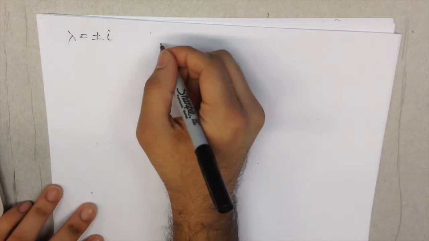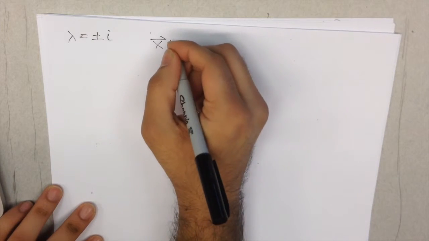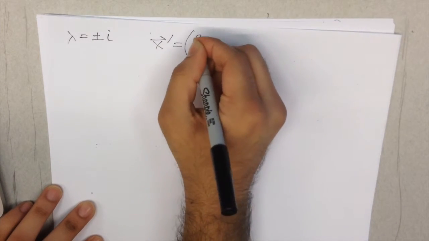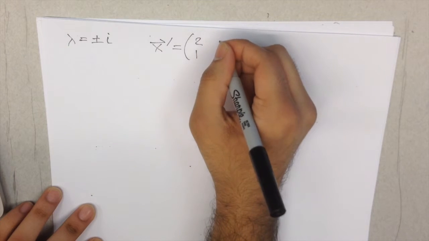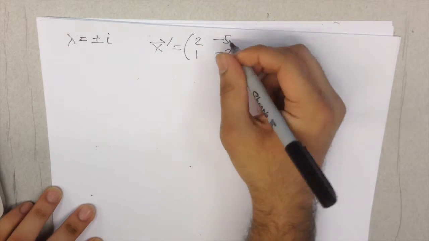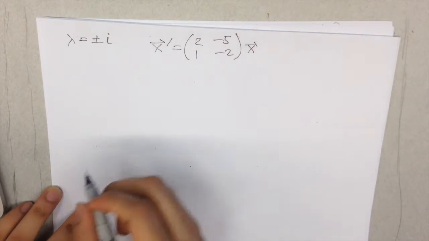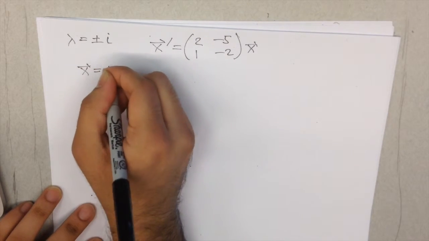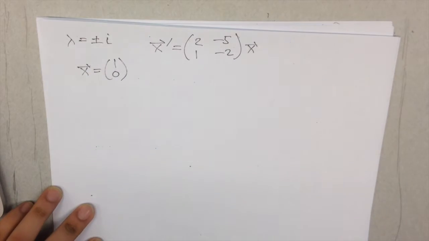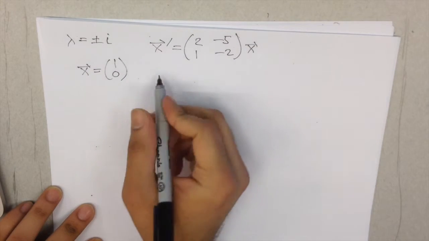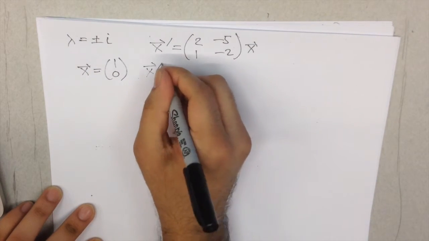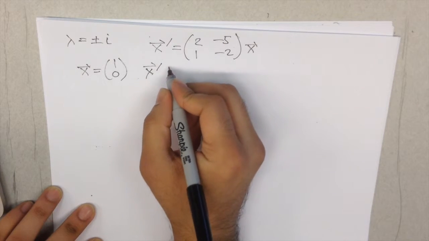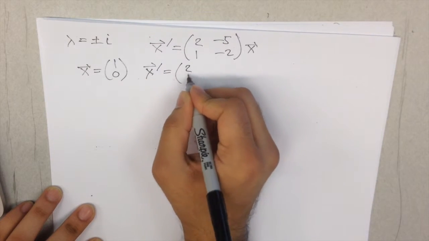So our original matrix differential equation was [2, 1; -5, -2] times x. Again, if we make x equal to (1, 0), we know that x prime would be equal to (2, 1).